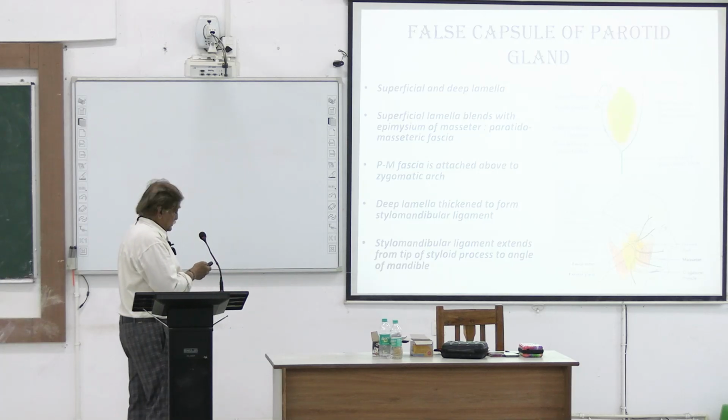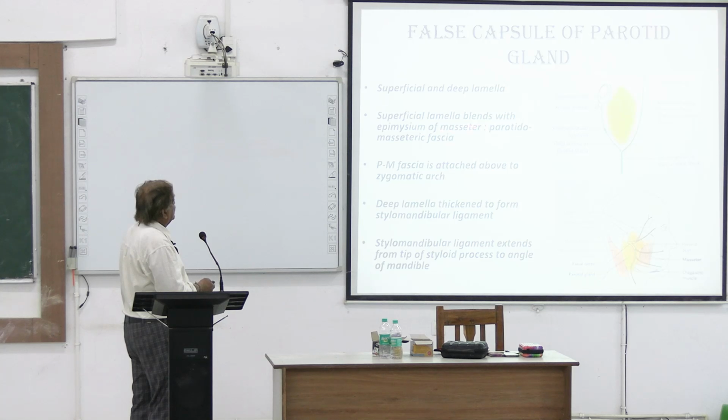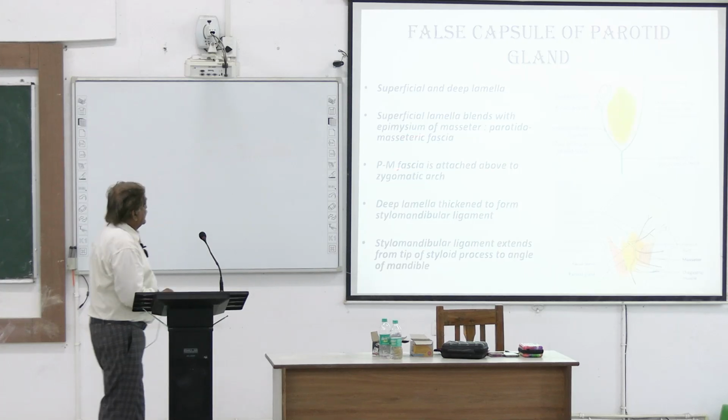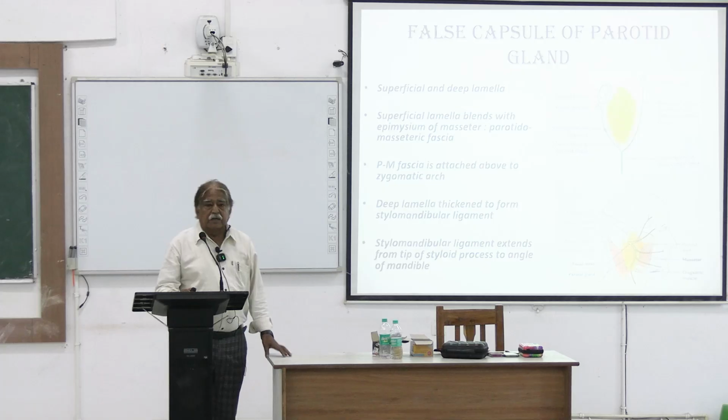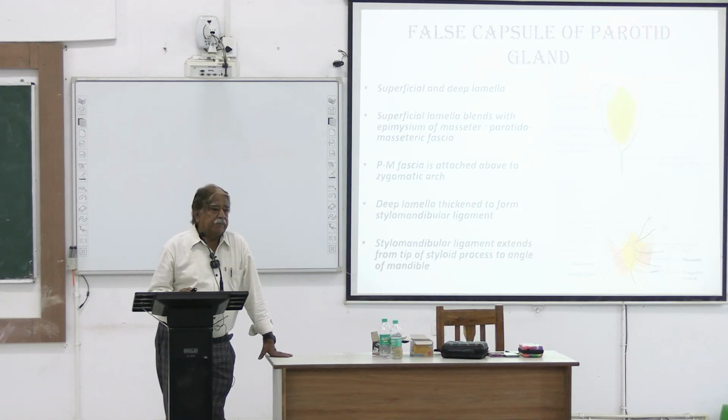I am concentrating on this because you might be asked, those who are going for gold medal or higher marks, because the parotid gland will be given in the tray of the gross anatomy practicals.